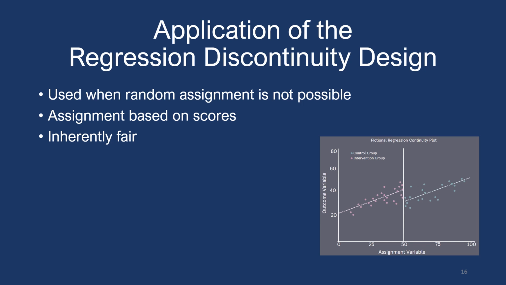Often, if only the points close to the cut point are used, the sample size will be very low, drastically reducing the power of the statistical model. Rather than ignoring these points that are further away from the cut point, evaluators can and should work towards incorporating them into a statistical model that sufficiently accounts for the underlying relationships between the assignment variable and the outcome variable, which can reduce the bias and produce credible results.